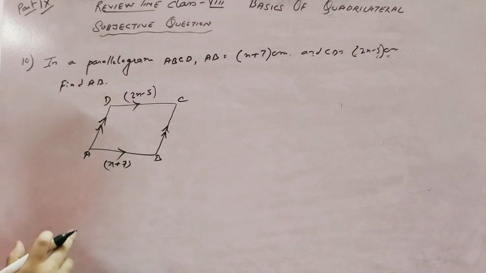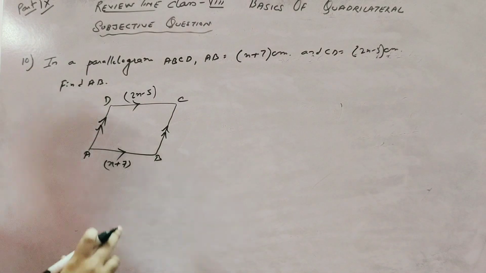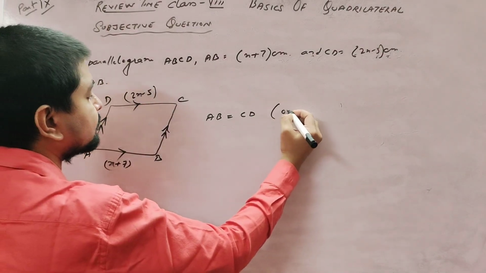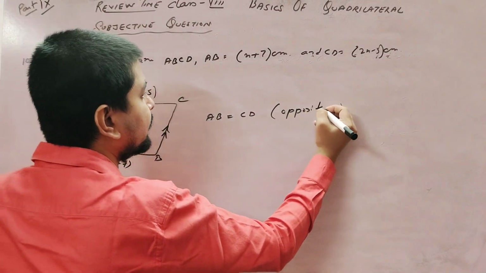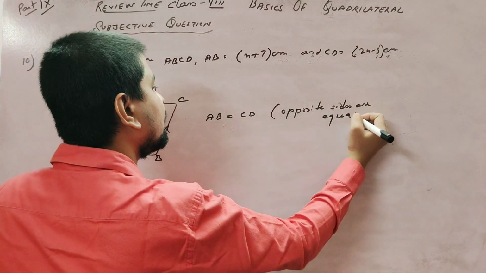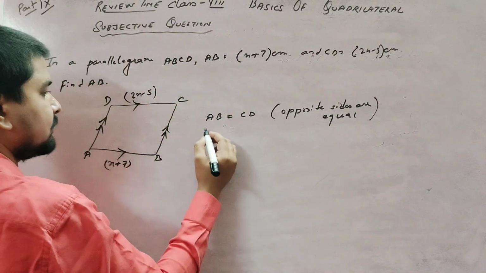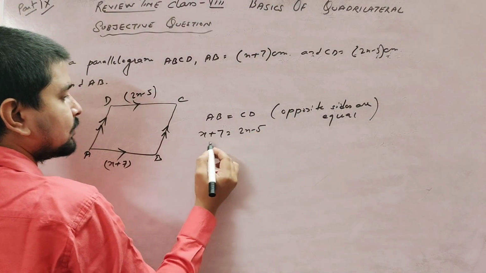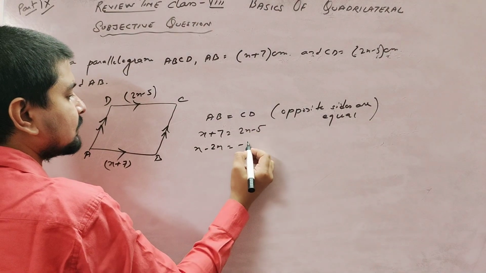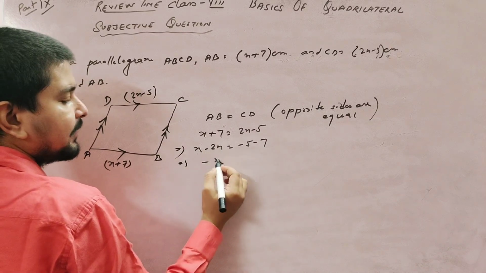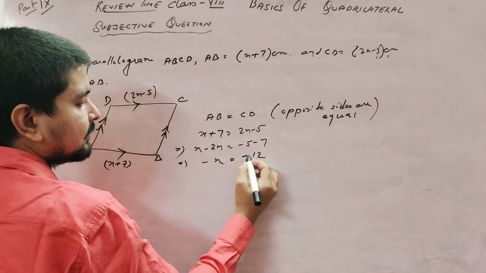Find AB. So we know that AB equals CD. Opposite sides are equal in a parallelogram. So this one is x plus 7 and this one is 2x minus 5. So x minus 2x equals minus 5 minus 7, that is minus x equals minus 12.